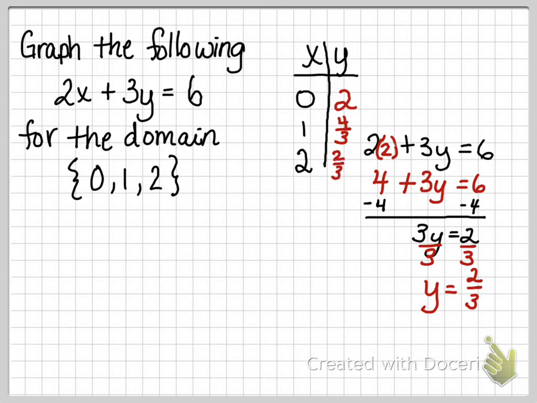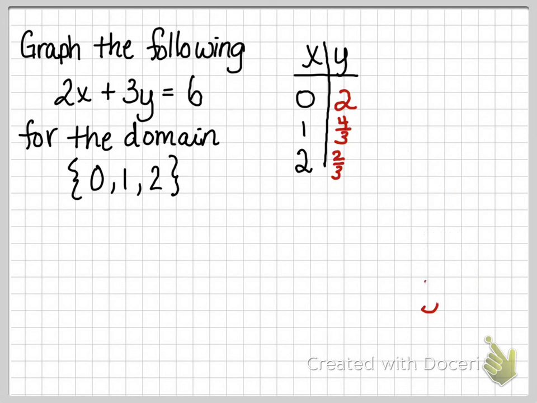There it is. Okay, now the other thing it wanted me to do was to graph this. So I'm going to erase this and graph it. I'll draw some lines. 0, 2 would be up here. 1 and 4/3, so that's a little bit higher. 2 and 2/3 would be about right there.